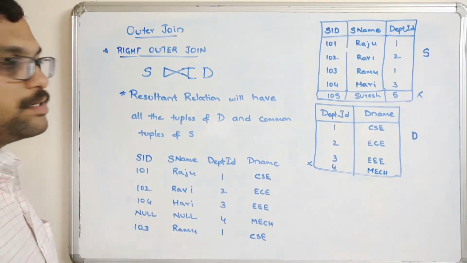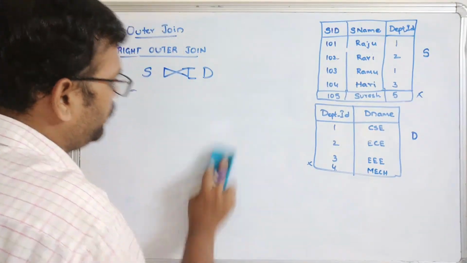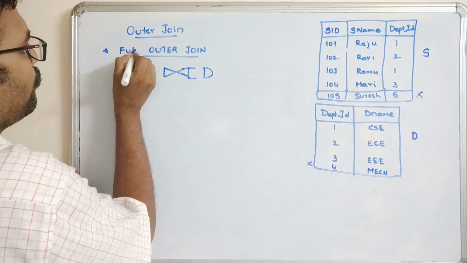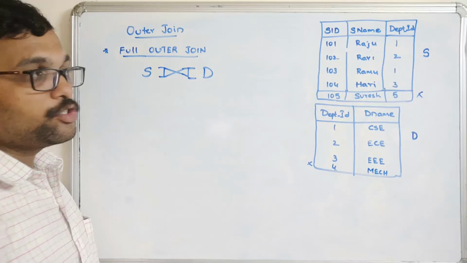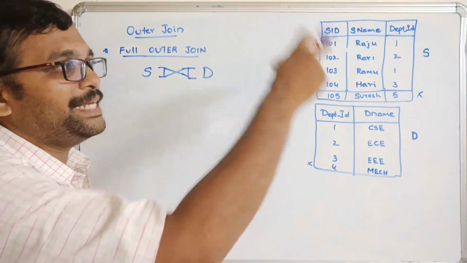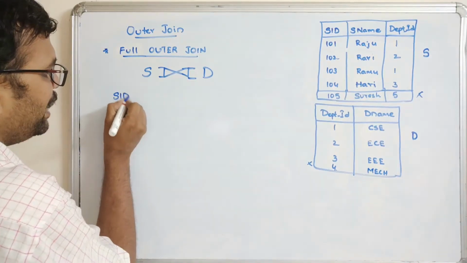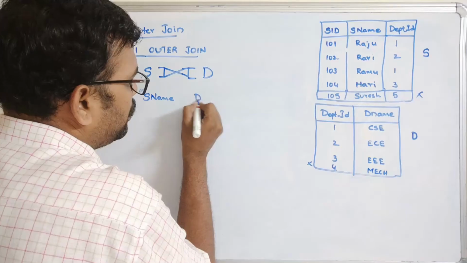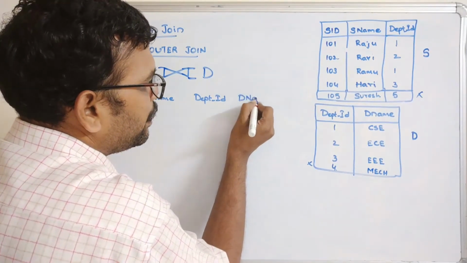The next one is full outer join. So this is represented in this way. We have to consider all the tuples of S and all the tuples of D. So let us write here S ID, S name, DEPT ID, D name.